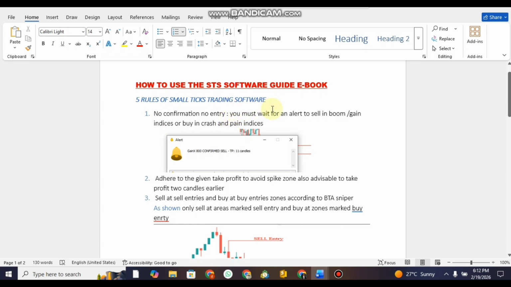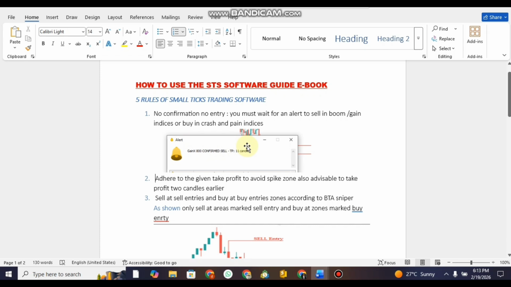No confirmation, no entry is the first rule. It means that for you to enter a trade, you must see a notification from the small ticks software telling you, for example, gain 800 sell for a specific number of candles, which is indicated as TP.